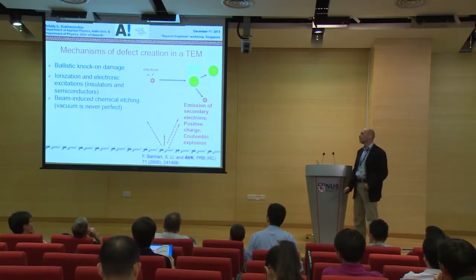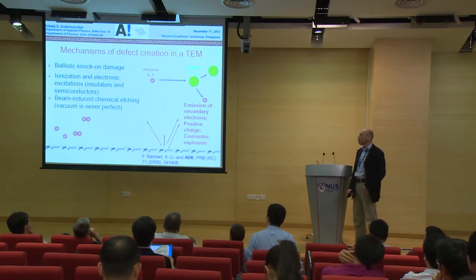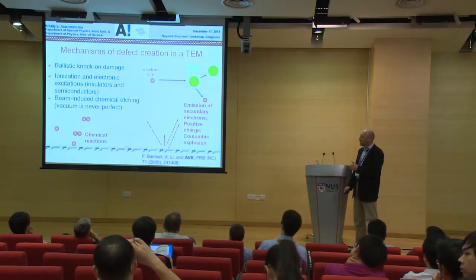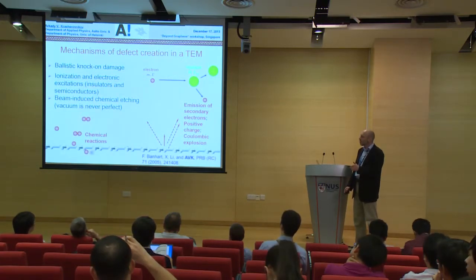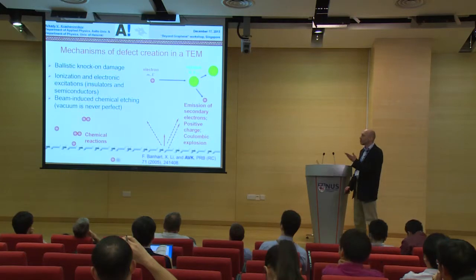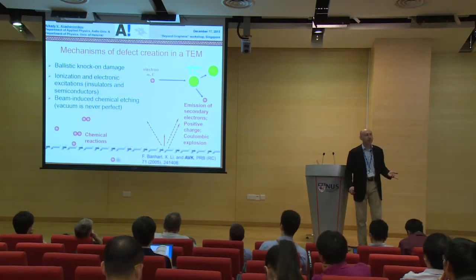Finally, we may have beam-induced chemical etching. Vacuum is never perfect. Energetic electrons break up molecules. Then we have chemical reactions, and eventually we may have some sort of etching. For example, CO2 evolution from graphene.